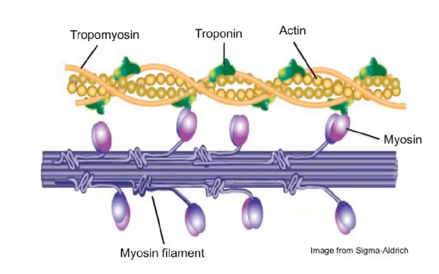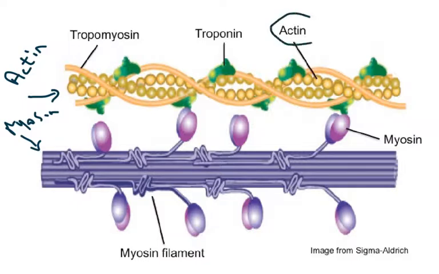The first, of course, is, again, our actin filament, and our myosin. And on the actin filament, there's a couple of subcomponents. You have the actual actin itself. You have this portion called troponin.